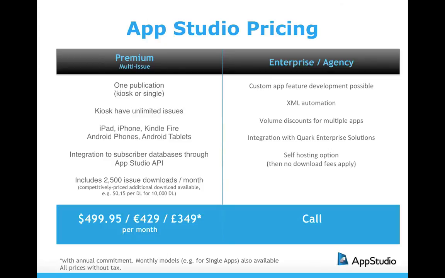And also there is the self-hosting option available for enterprise and agency, which means if you want to host the app content yourself, you can do so within that plan, and then of course no download fee apply anymore because it's hosted on your servers. And if you're interested in that plan, give us a call, because we need to specifically talk what feature you want, and then we can give you a quote there.